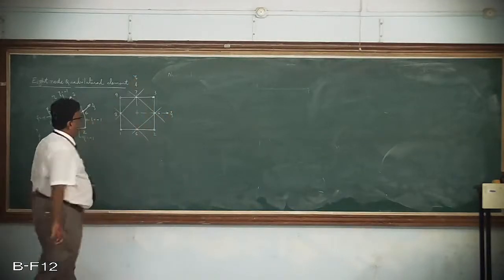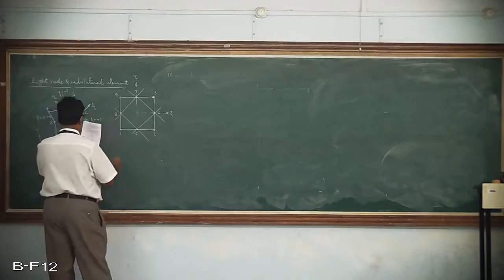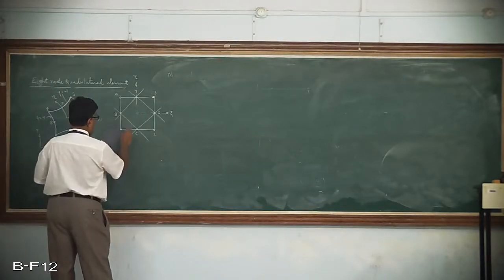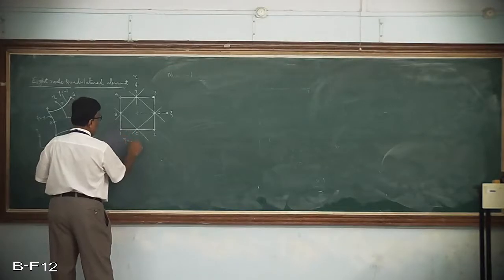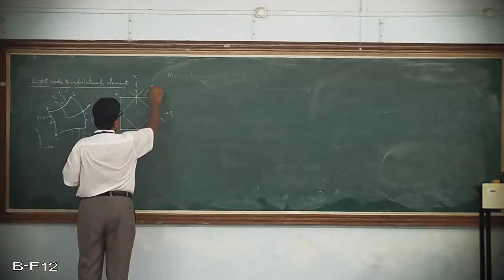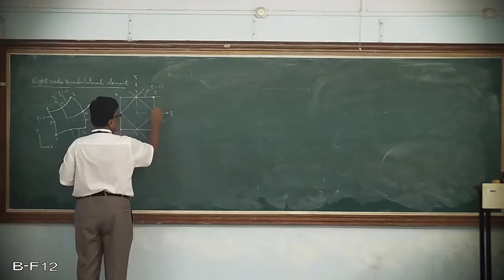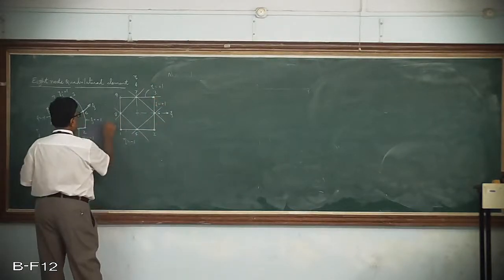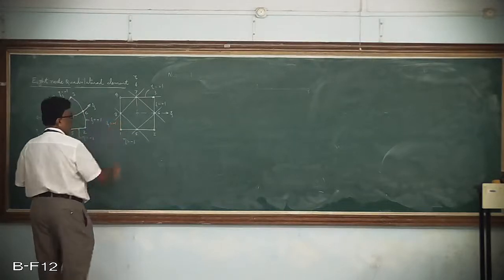We can take like this. You know the coordinates. This line is zeta equal to minus 1. This is plus 1, this line. This is zeta equal to plus 1. This is zeta equal to minus 1.